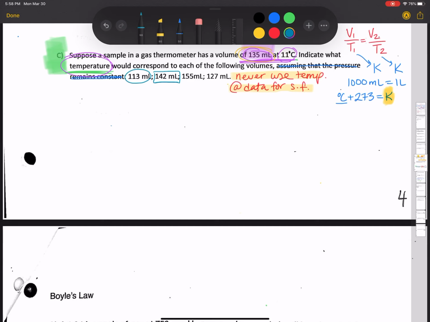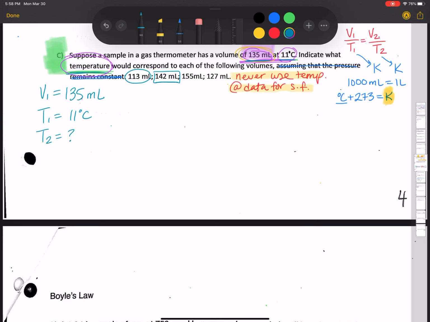I already know from solving the last step that my initial volume, no matter what in this question, is 135 milliliters because this is my volume of the sample that I'm starting with. And my initial temperature, no matter what, is 11 degrees Celsius. Every single time in this question, they're wanting me to solve for the new temperature.